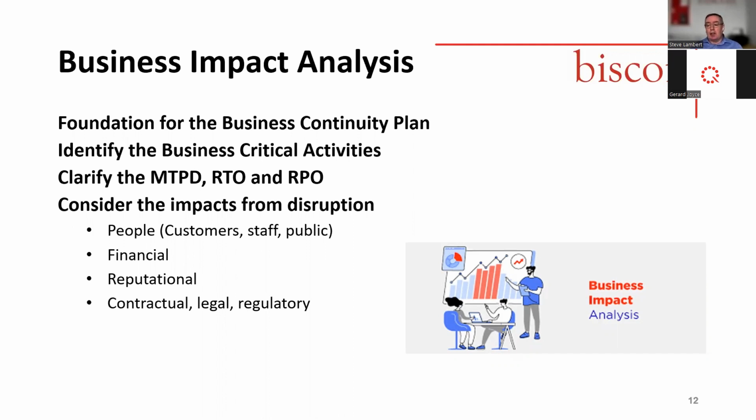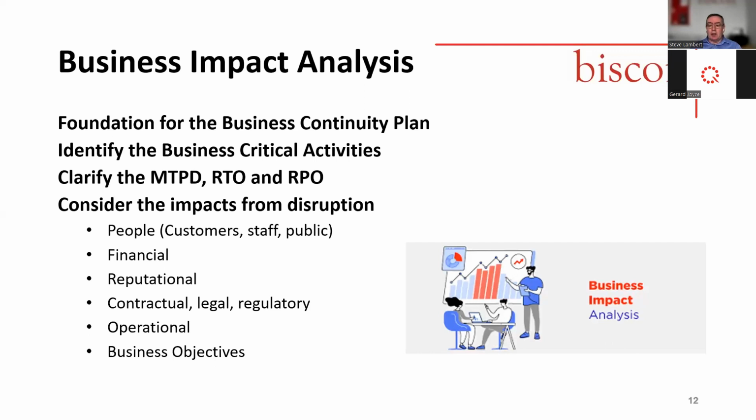Contract, legal and regulatory requirements. So what are those in terms of the impacts on the organisation? If you can't deliver your services, are there contractual requirements with your customers? Operational impacts. What is the impact on operations if you can't deliver critical services, those emergency repairs, and take calls? There is going to be an operational impact, so you're looking at mitigation from these types of incidents and responding to them.